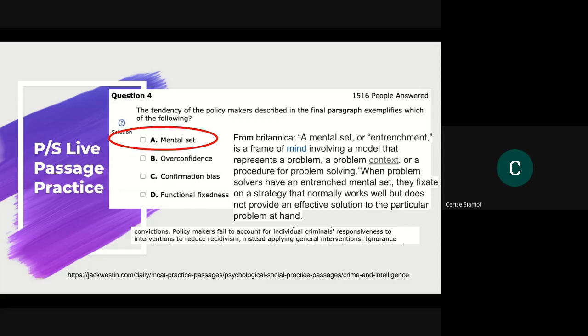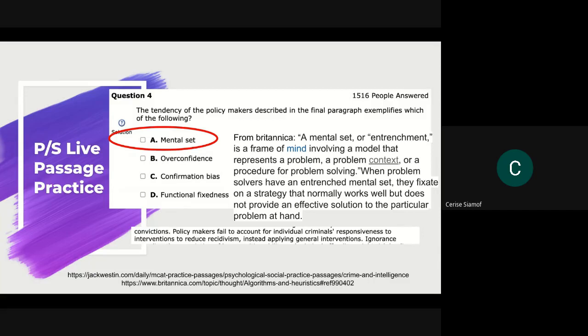So if you can remember this definition, then I think it's pretty clear that policymakers applying general interventions that may have worked in the past, but failing to, in the future, account for individual criminals' responsiveness would show that they have this mental set, and it's kind of like they're entrenched in this mindset. So that would describe their tendencies.